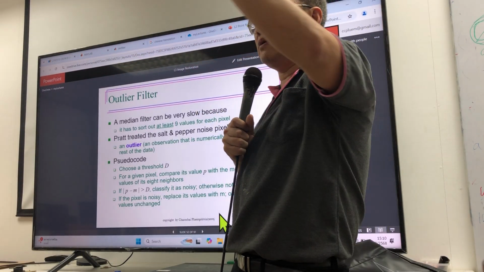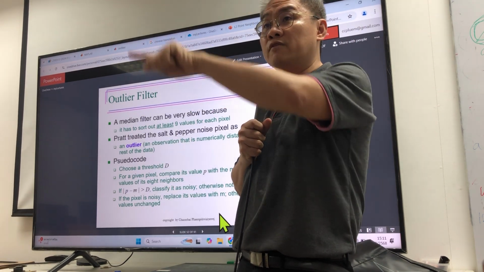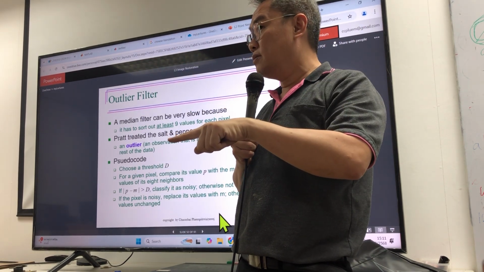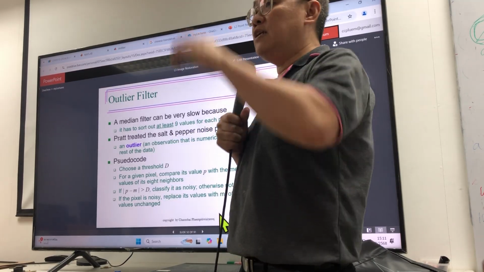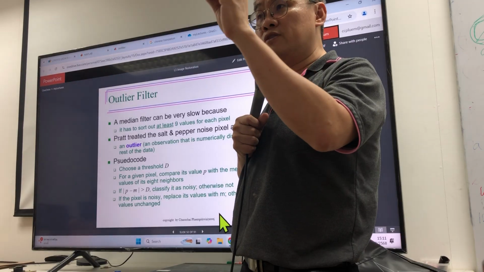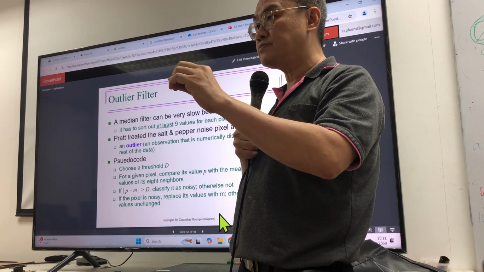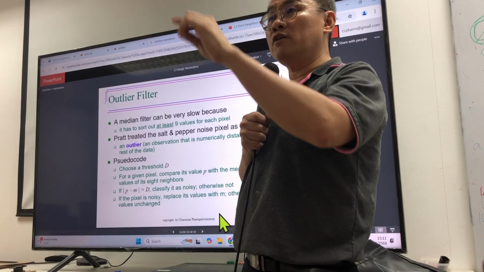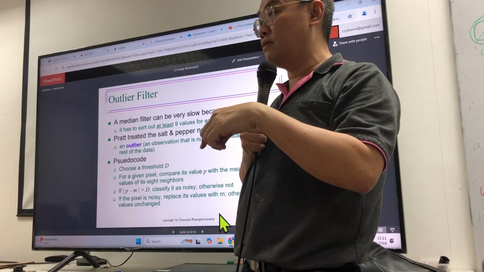Imagine a 3 by 3 window: the one in the middle, compare with the average of the 8 neighbors. Compare P and M. If P and M are close to each other, what does it mean? If P and M are close to each other, that means there is no salt and pepper noise.